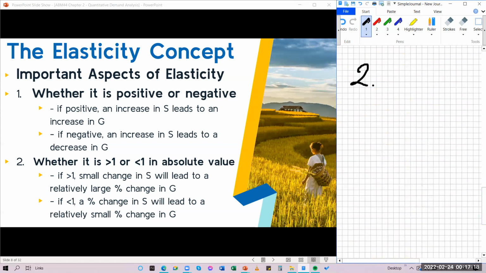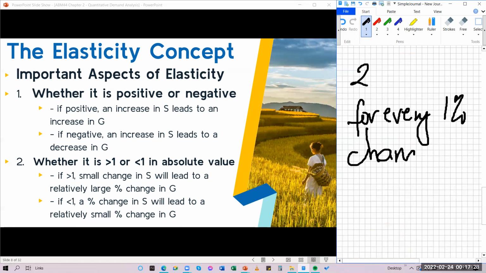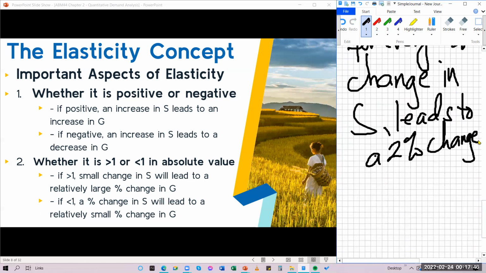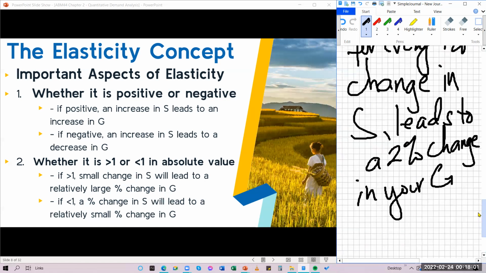For every 1% change in your studying, this is how we will be interpreting it, it will lead to a 2% increase change in your grades. So that is how it is being interpreted.